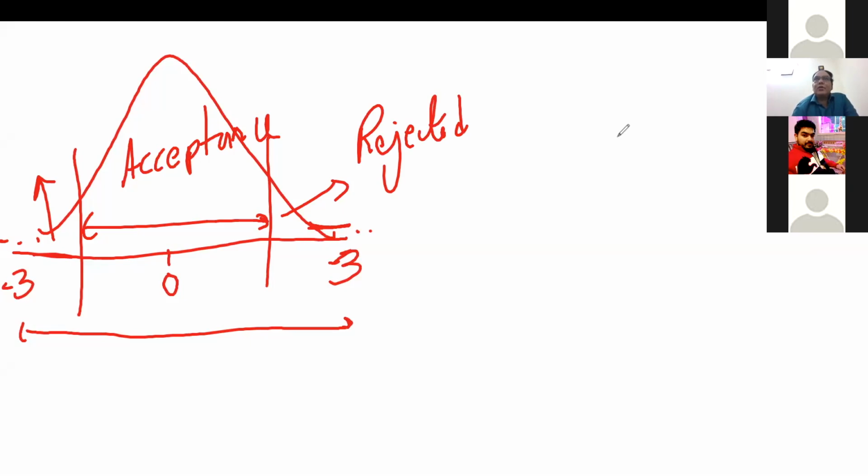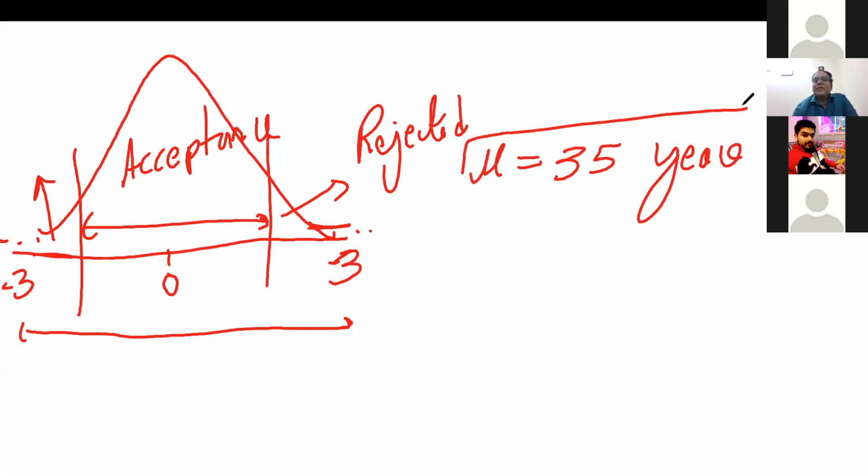Somebody told me that in IT sector companies, the average age of the employees is 35 years. So it is a population mean. I call it mu. Suppose it is given that the average age of the employees in IT sector is 35 years. Now I want to check whether it is true or wrong.